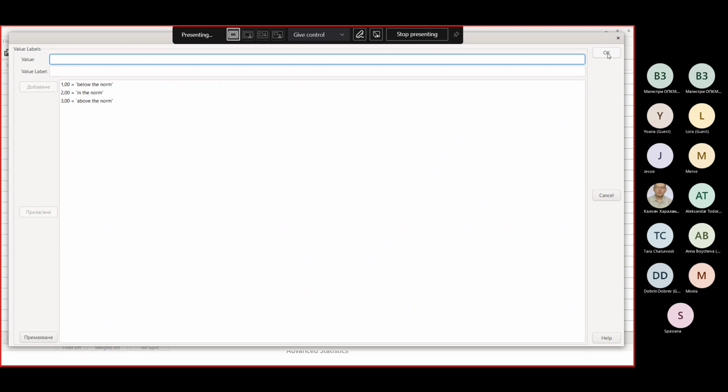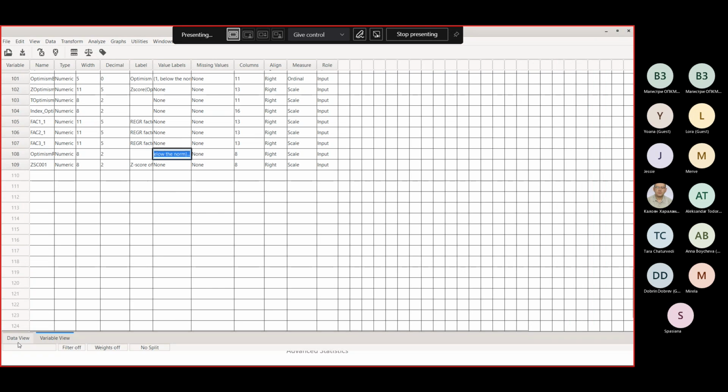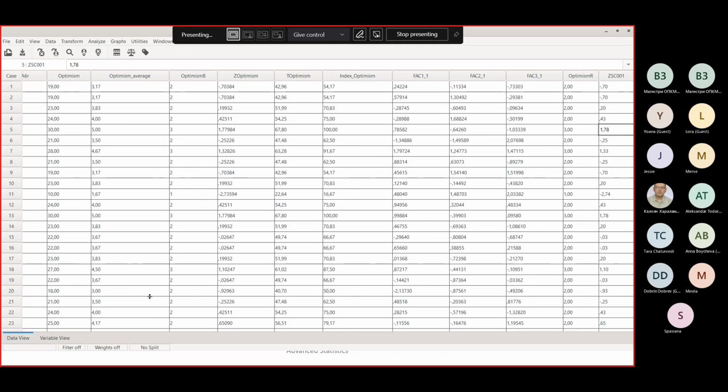And after that, here in data view, we can press show or hide value labels, and here for each person we already know whether he or she is in the norm, above the norm, or below the norm. So here the first 4 individuals are in the norm, the 5th individual is above the norm, and for example the 11th is below the norm, and so on.